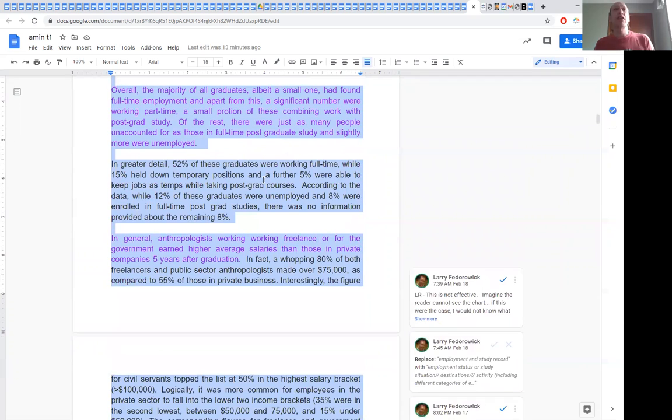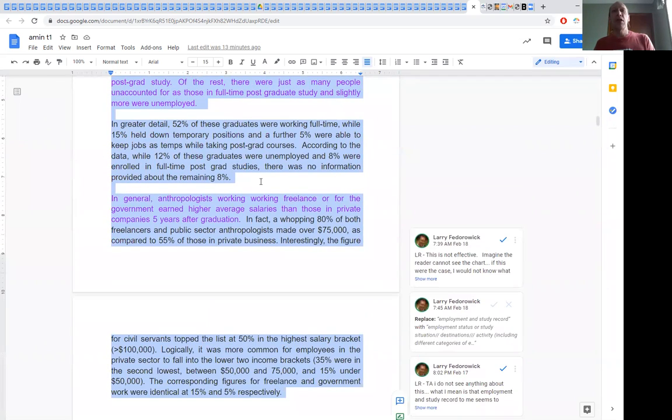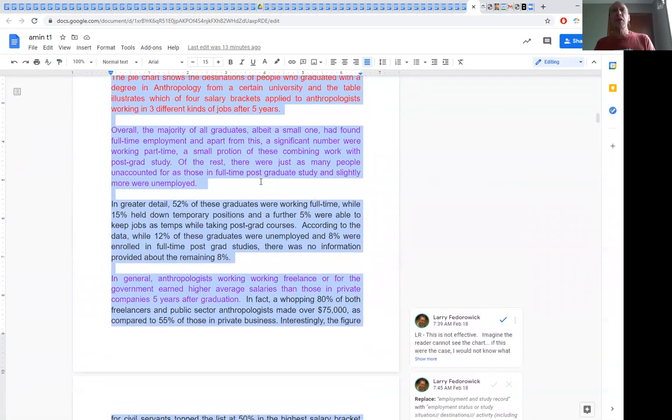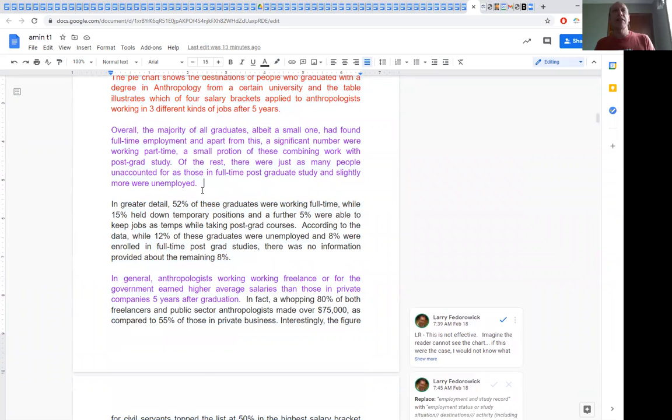Okay, so the first thing I'm looking at is, all of this is an overview, and all of this as an overview is probably too much. It looks too long.